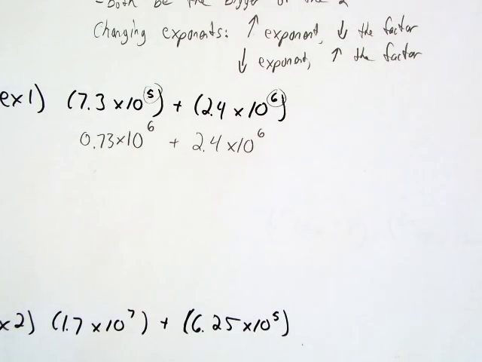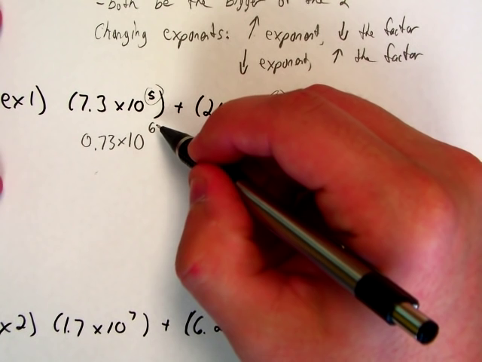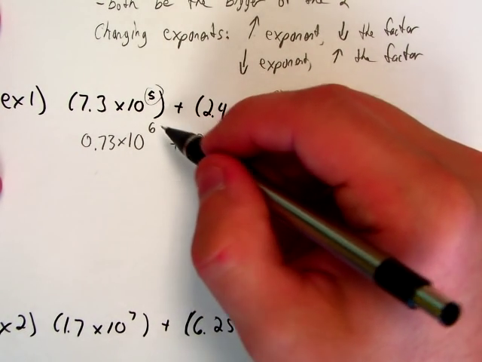Now, before you start getting concerned about that number not being written in scientific notation correctly, this is just the process that we take in order to get the correct answer. Because here, increasing the exponent by 1 really means we're multiplying by another 10.